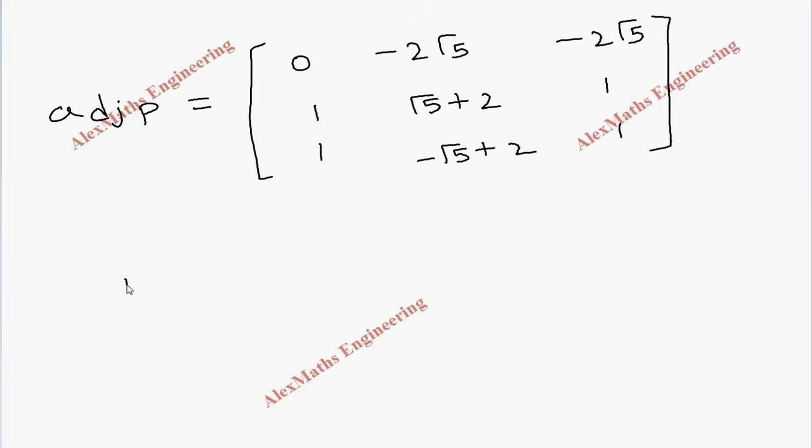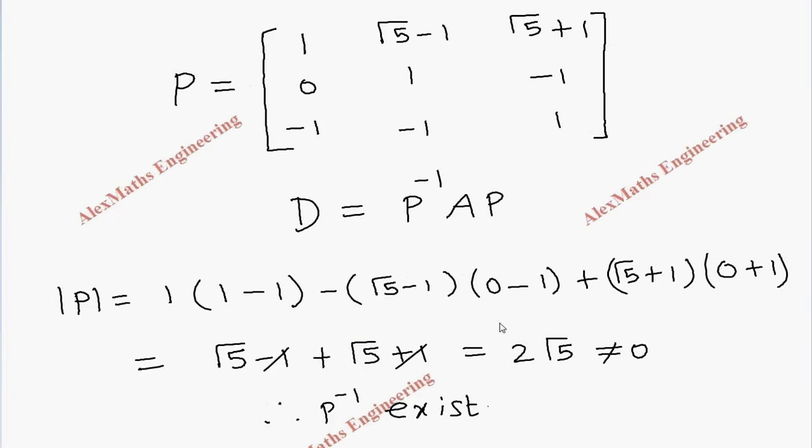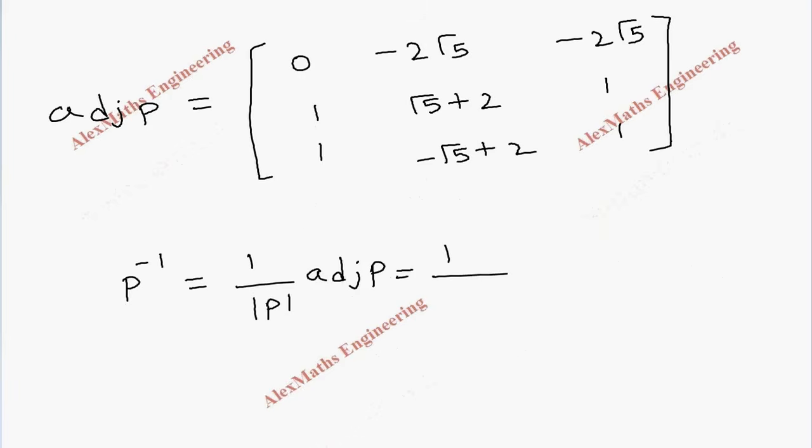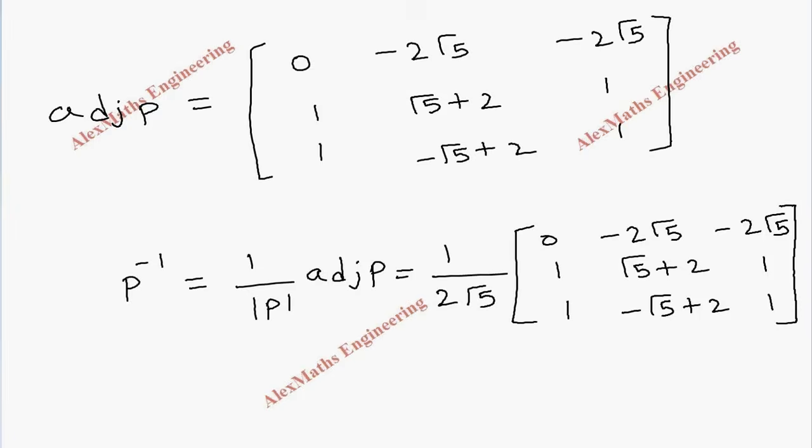Now using the formula, we are going to write the P inverse, which is 1 by determinant of P into adjoint of P. And determinant of P, what we got is 2 root 5. The value of the determinant P is 2 root 5. We are going to substitute here. So this is 2 root 5, and the rest of the elements we have to copy as it is.